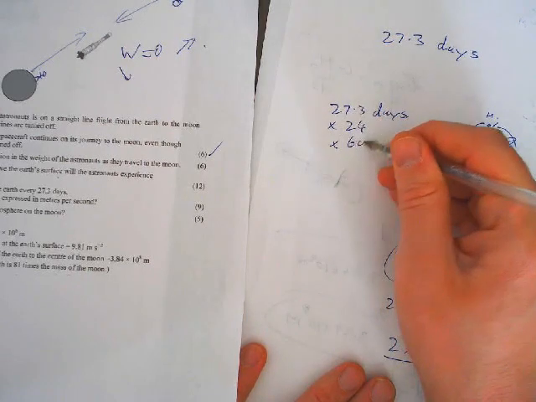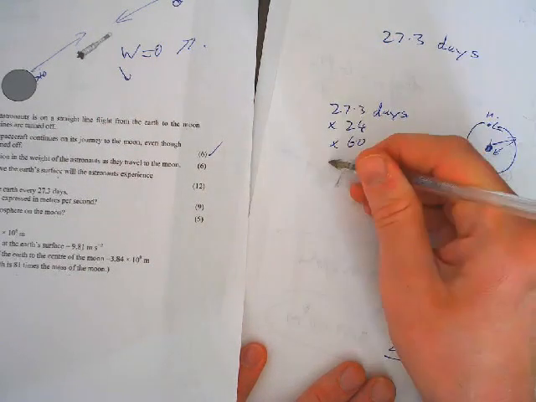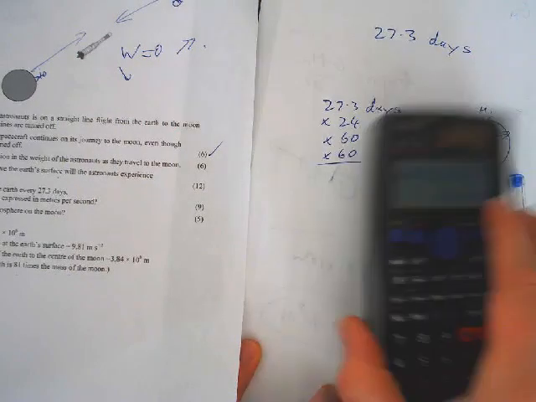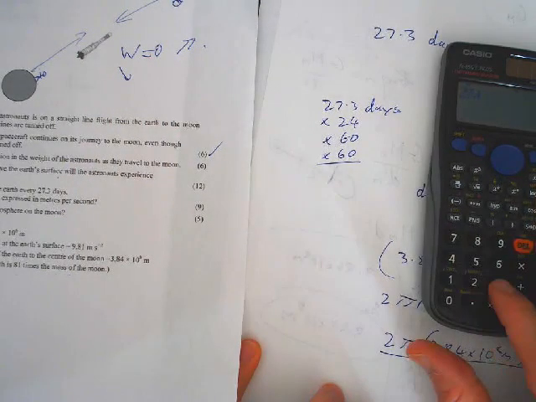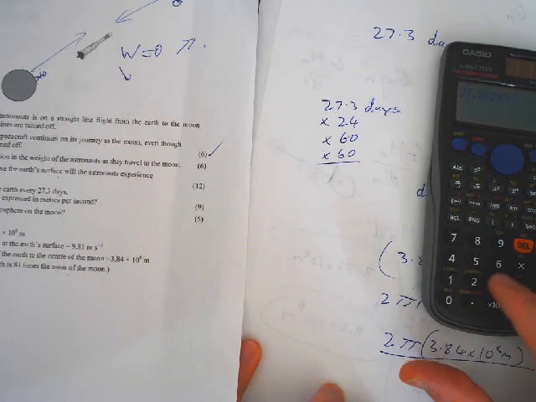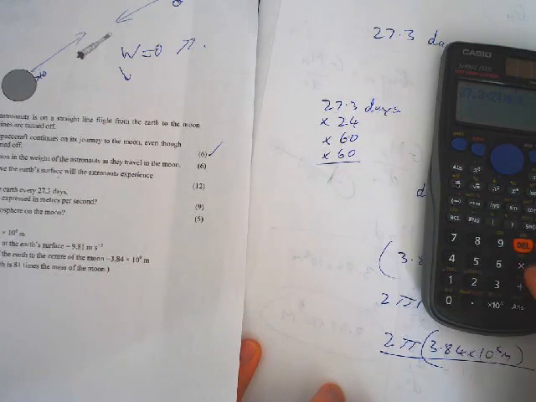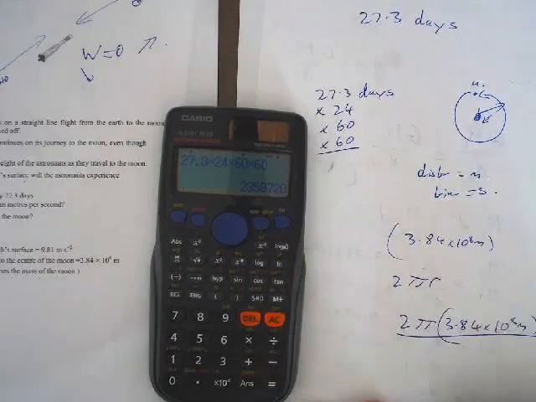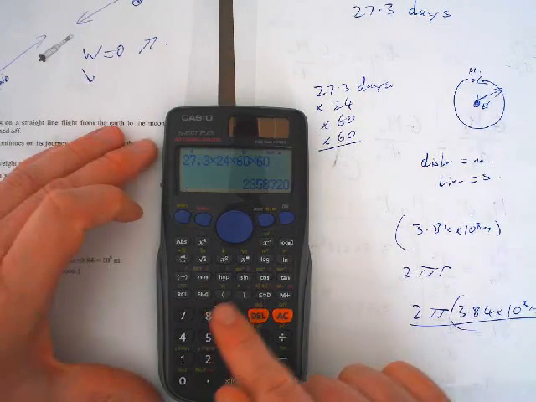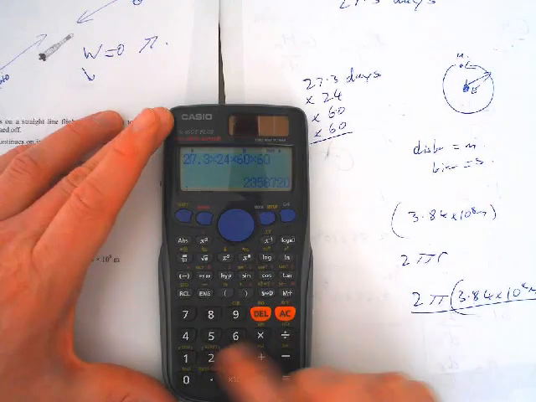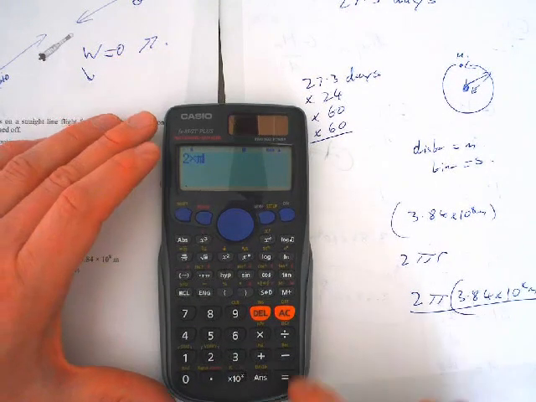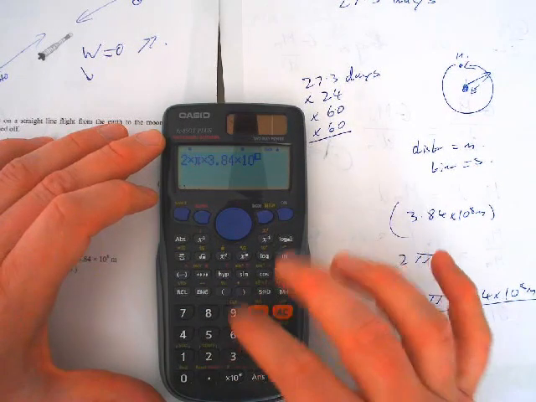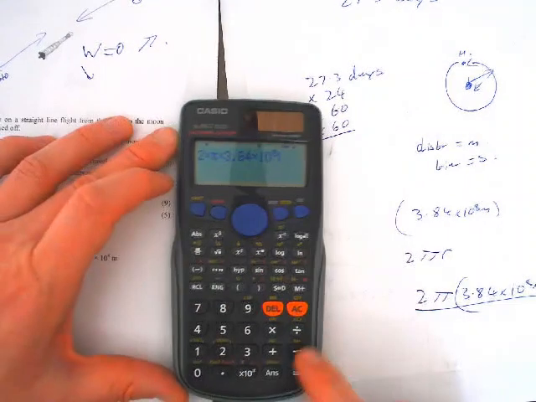Now, we'll do this all in one fell swoop. So let's get the days first. If it's 27.3 days, we need to get that in terms of seconds. So there's 27.3 days times 24 hours in a day times 60 minutes in an hour times 60 seconds in a minute. So let's do 27.3 times 24 times 60 times 60 gives us this number, 2358720.